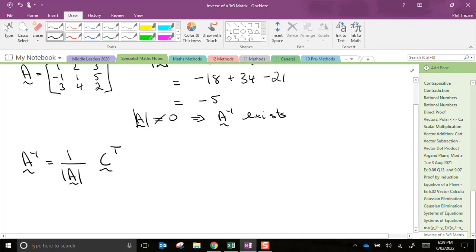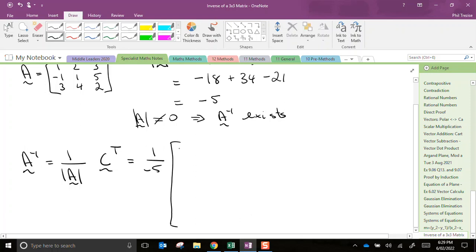So the cofactor matrix, that's an interesting creature. We already know the determinant is negative 5, so that's not such a problem. But the cofactor matrix, well, let's see. Give ourselves plenty of space here.